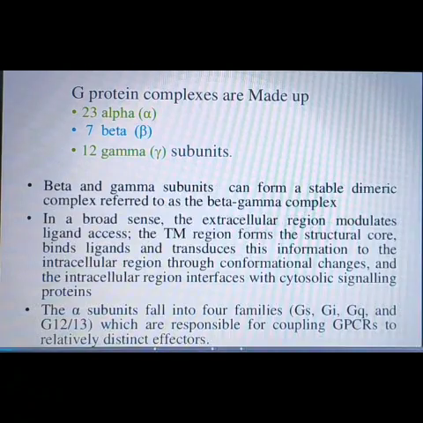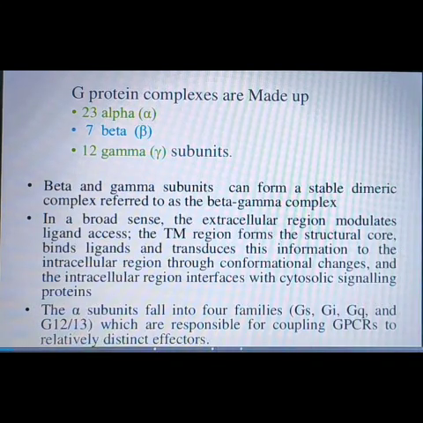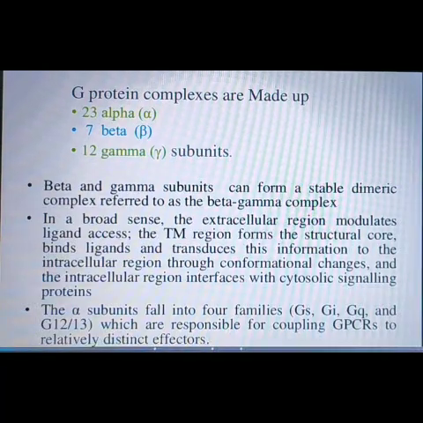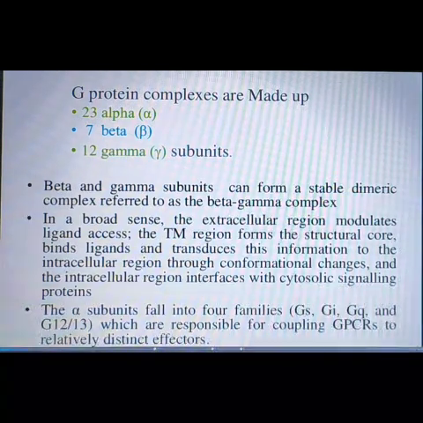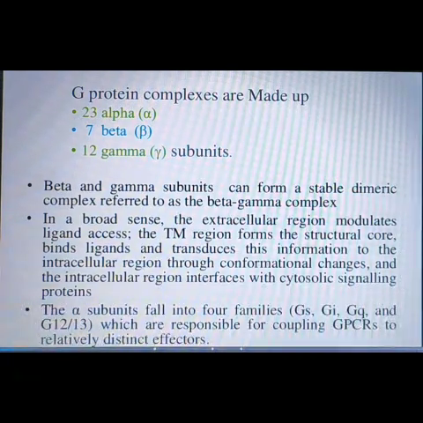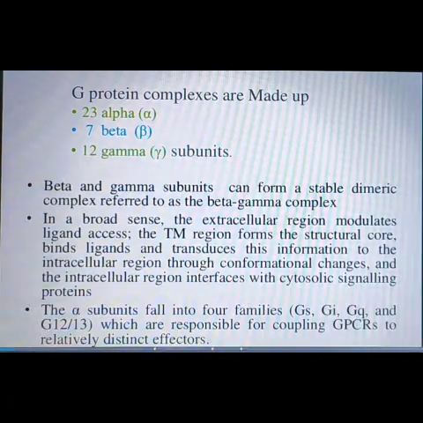G protein complexes are made of 23 alpha subunits, 7 beta subunits and 12 gamma subunits. Beta and gamma subunits form a stable dimeric complex referred to as the beta gamma complex.